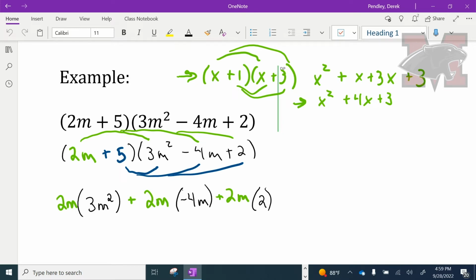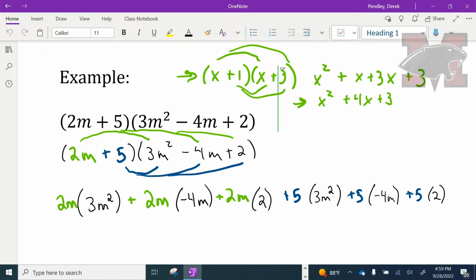And then on the flip side, I have this plus 5 multiplied by 3m squared again, because I have to do everything in there twice because there's 2 terms. Plus 5 again times the negative 4m this time, plus 5 times the positive 2. So I'm going to write this all out so that I don't make any mistakes.